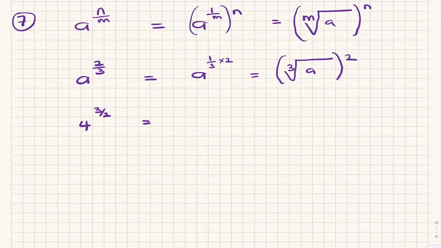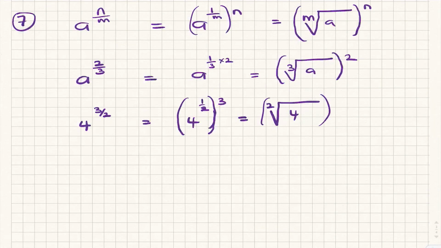In this case, that would be 4 to the power of a half, all brackets to the power of 3, because 3 times a half is 3 over 2, and that becomes root 4, all to the power of 3, which is, now the square root of 4 is 2, so that'll be 2 to the power of 3, and that becomes 8.